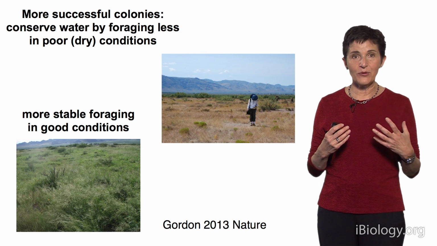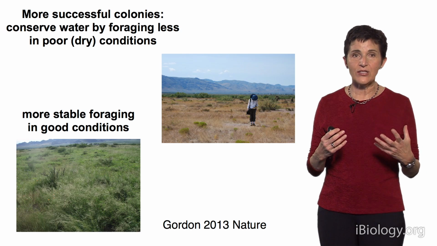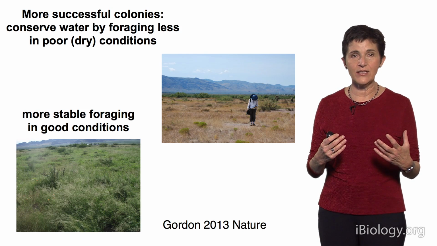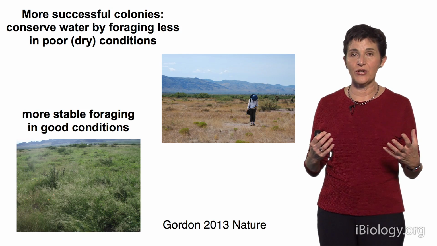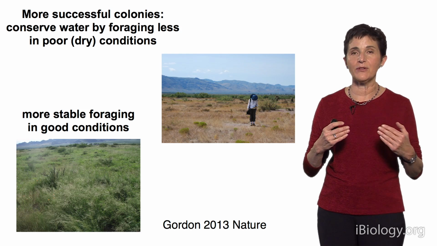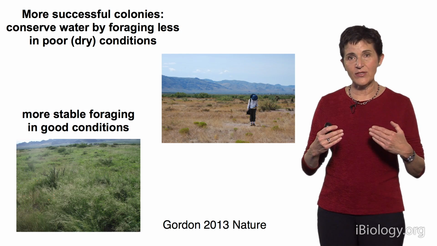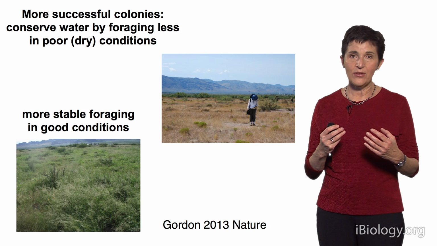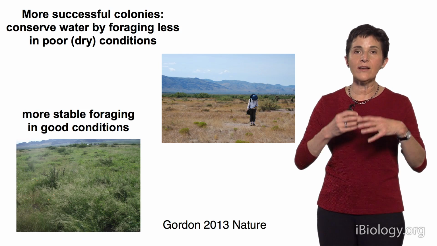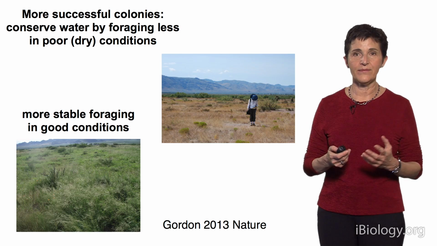What's happening is that more successful colonies conserve water by foraging less in poor, dry conditions. But when conditions are good and it's more humid, those same colonies actually have more stable foraging. So natural selection is acting to shape the way that ants are using local interactions to regulate the behavior of the colony.